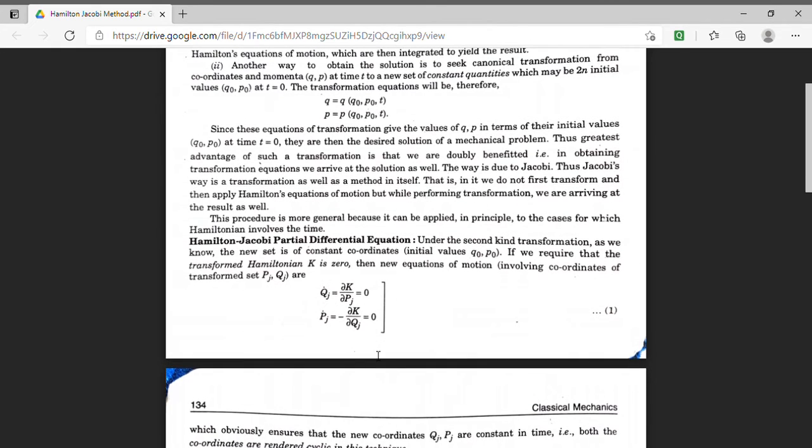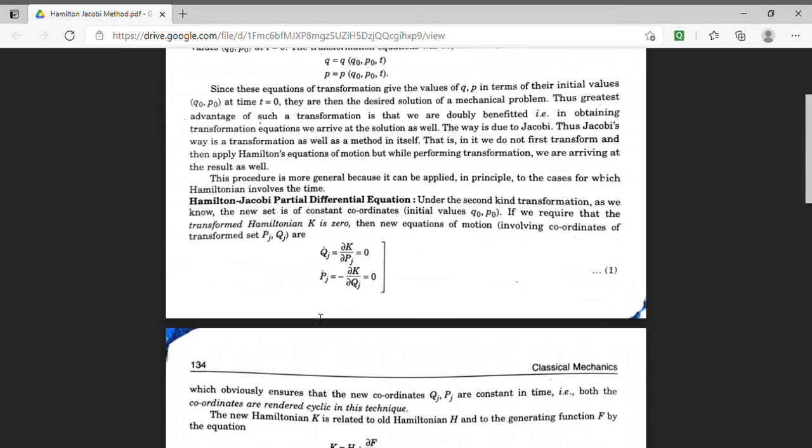And from these two equations, on integration, I get my new coordinates Qj and new momenta Pj to be constant in time. That means these coordinates capital Qj and Pj are cyclic in this technique.